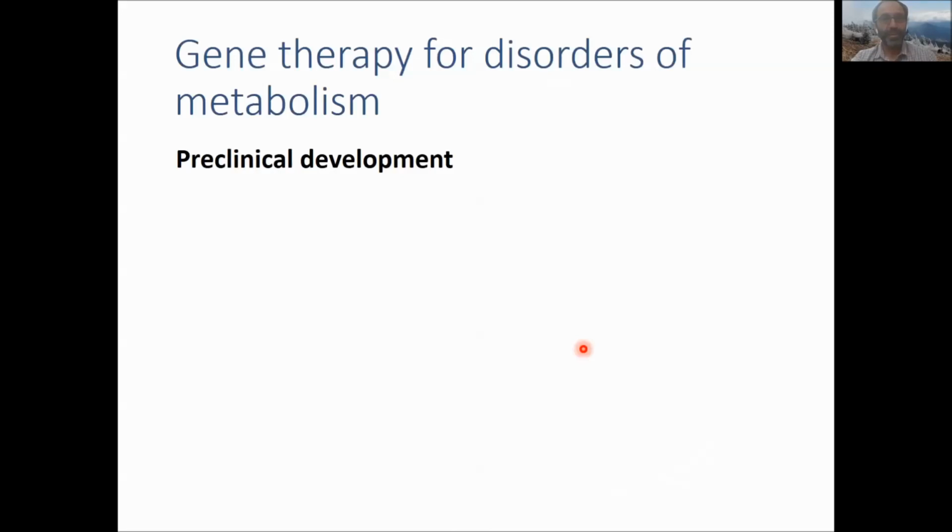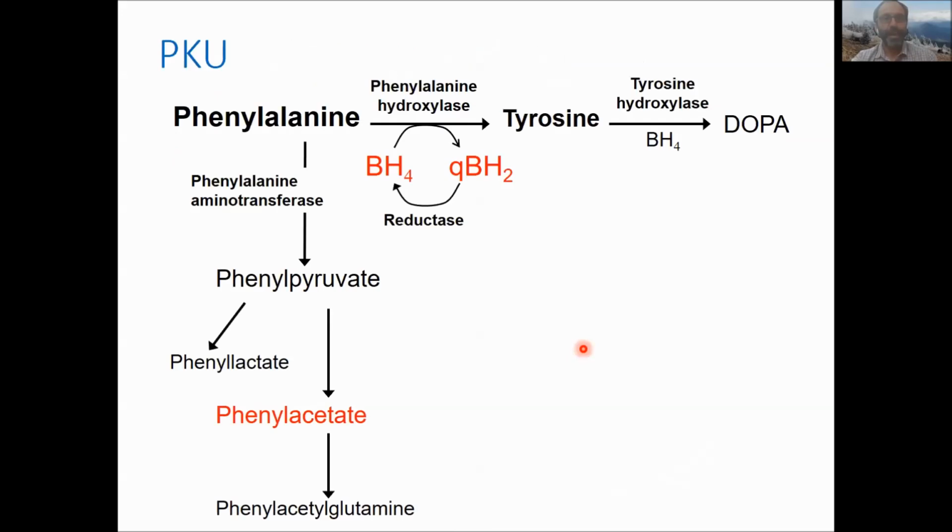So if we shift gears then to some examples of gene therapy, here's an experiment that my lab did a number of years ago in collaboration with Carrie Harding. Actually, we made the vector and Carrie did the experiment.